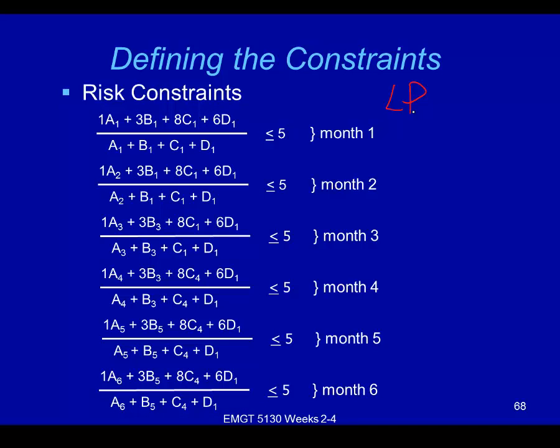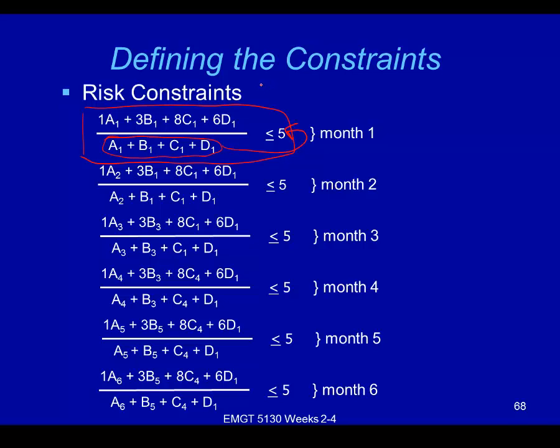Now let's look at the first constraint. We'll just take this as an example. We're going to linearize it by moving the denominators to the right-hand side.